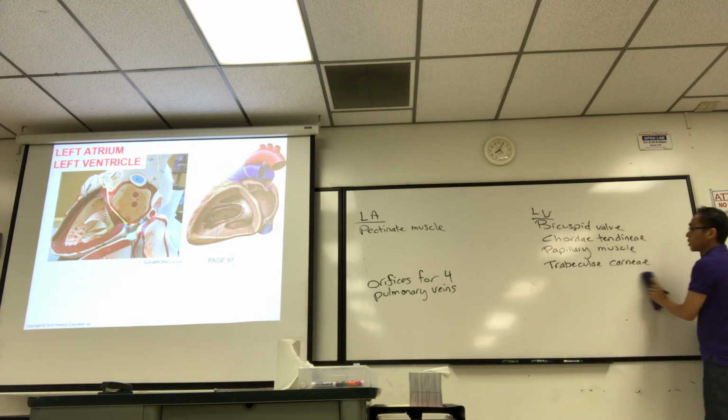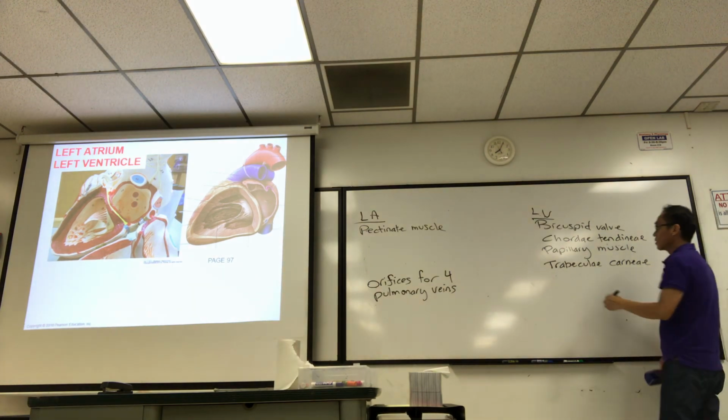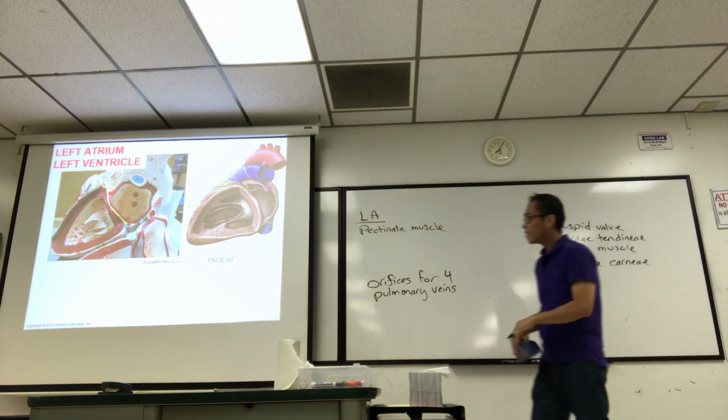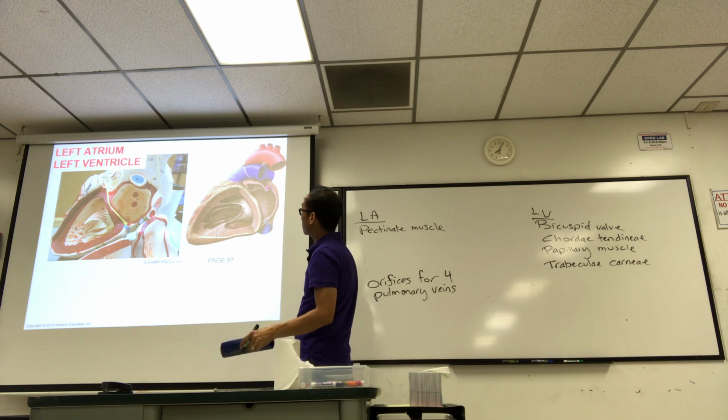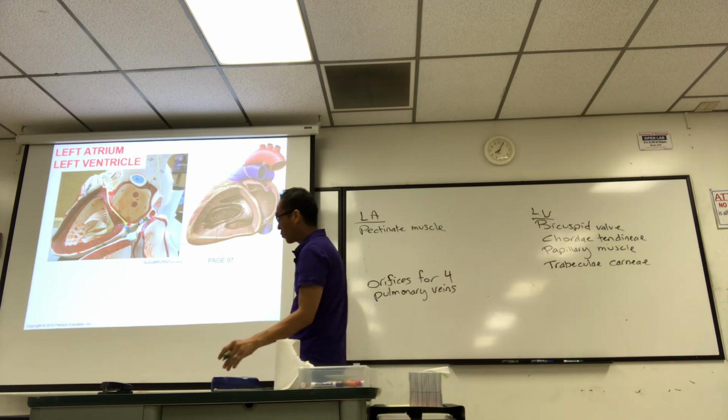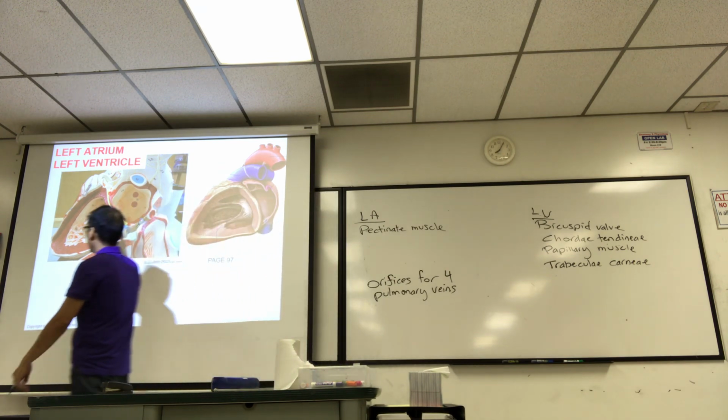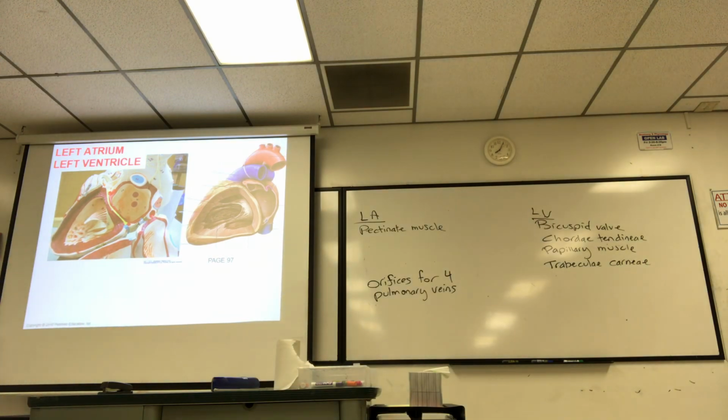And I should also mention, it's out of sight, but you should also be able to identify the aortic semilunar valve. I won't write it down, you can't even see it here. That one's always a bit hard to find.